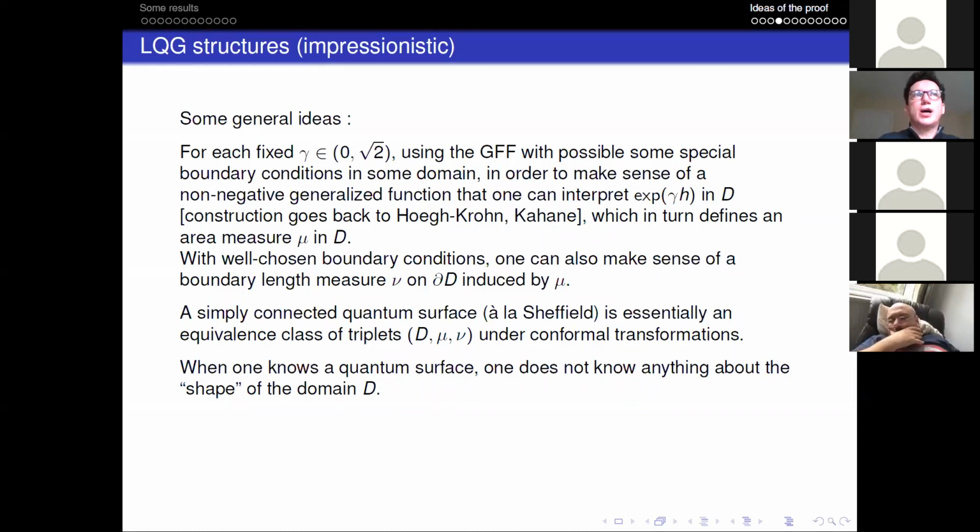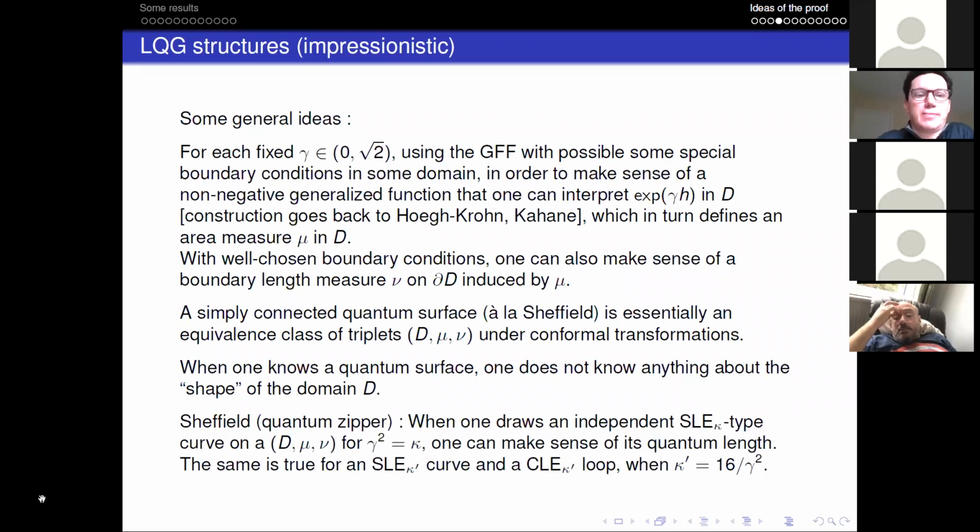So in some sense, what you have is a little bit like a piece of Play-Doh on which there's an area measure. But the Play-Doh can always be stretched conformally using Riemann's mapping theorem, and you don't know which stretching of this particular area measure you are playing with, because you only see the object.